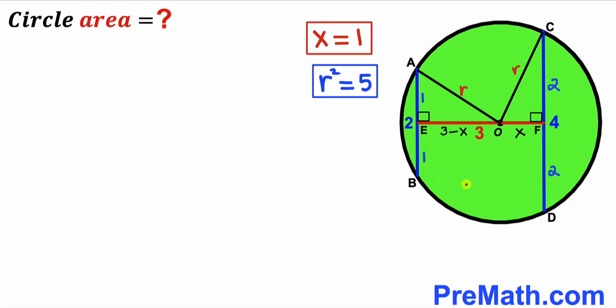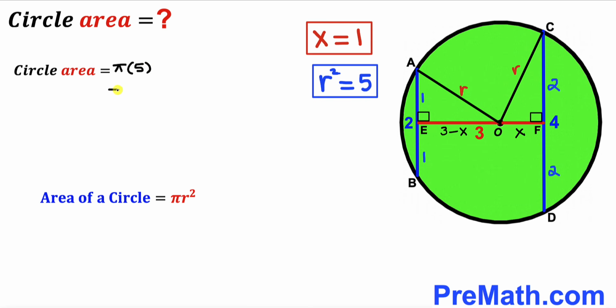And here's our final step. Now we are going to calculate the area of this green shaded circle. Let's recall the area of a circle formula: area is always equal to pi r square. In our case, our r square value is 5. Therefore our circle area is going to be pi times 5, which is equal to 5 times pi square units.